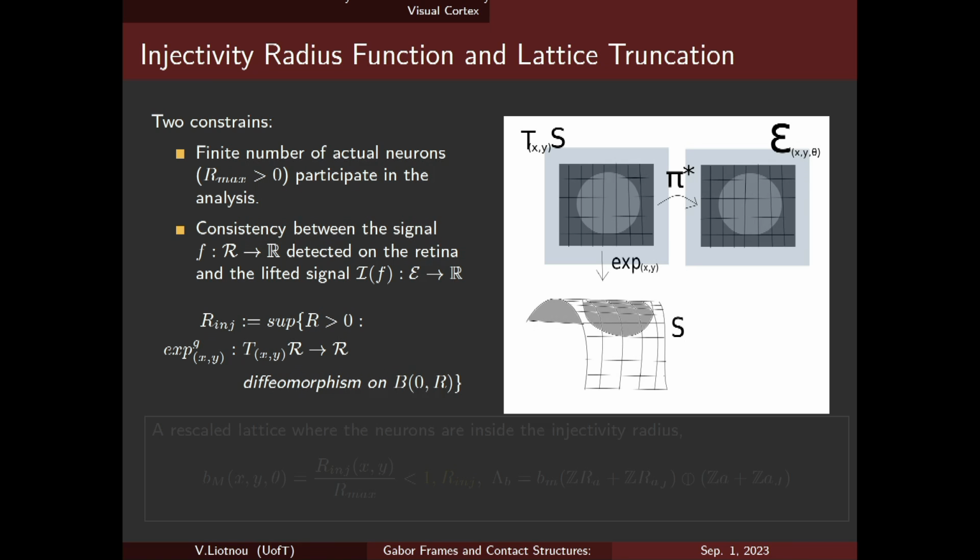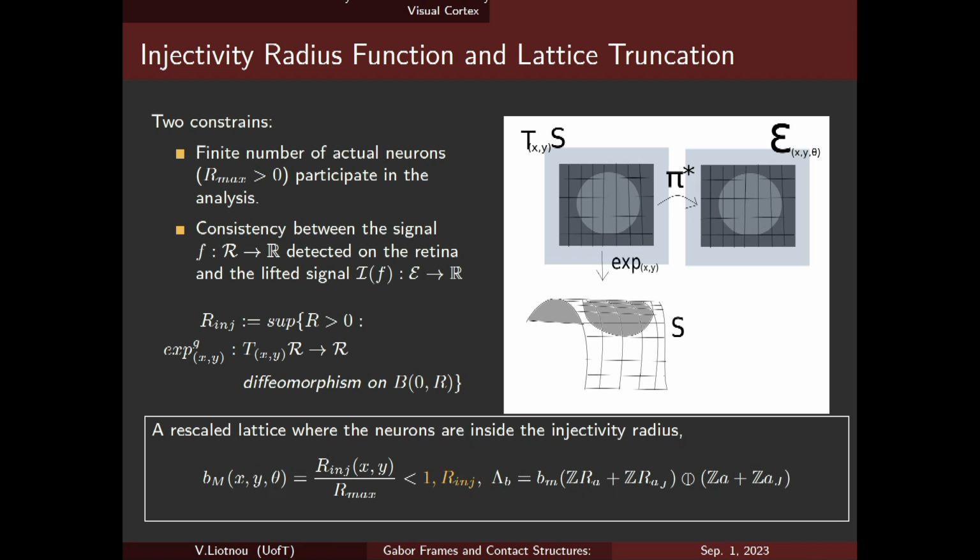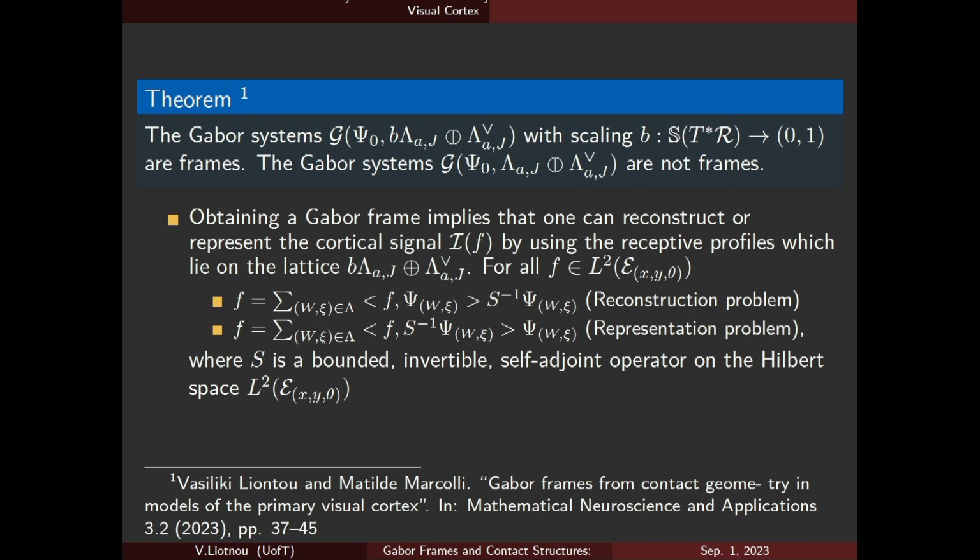And also because we need consistency between the base and the total space of epsilon, we had to restrict to the area where the exponential is a diffeomorphism. So we had to use the injectivity radius of the metric to have this B, which was used to rescale the vector part of the lattice.